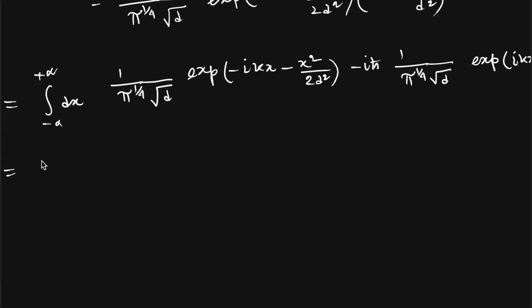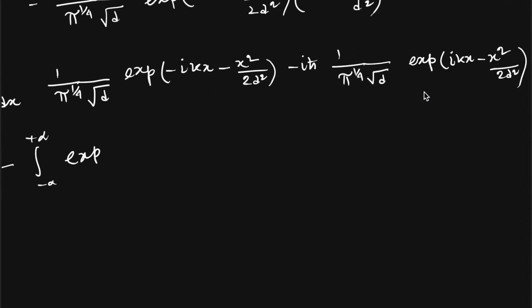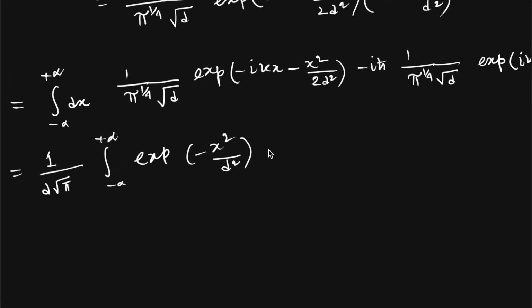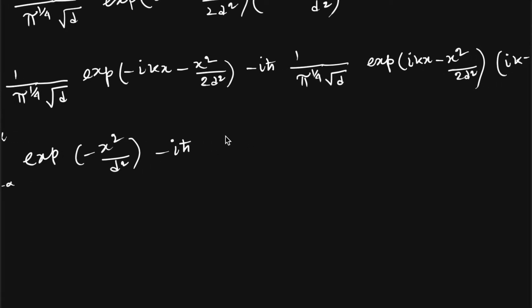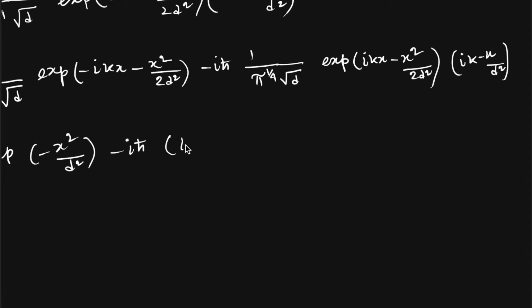The first integration will be 1 by d root pi, integral from minus infinity to plus infinity, exponential minus x square by d square, times minus i h cut, times i k minus x by d square.